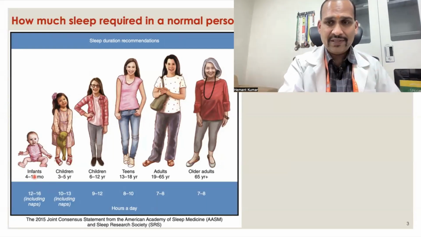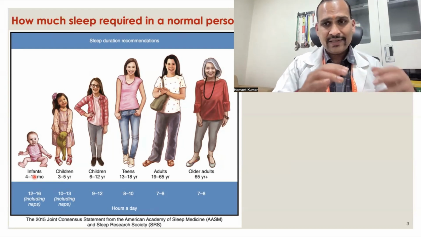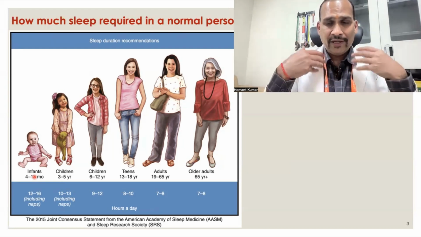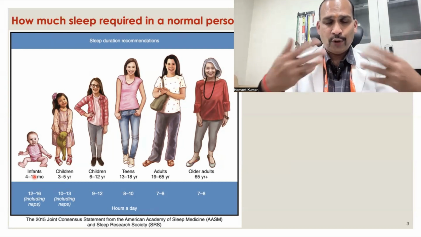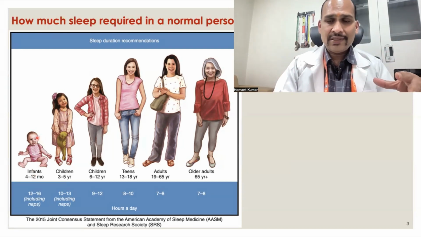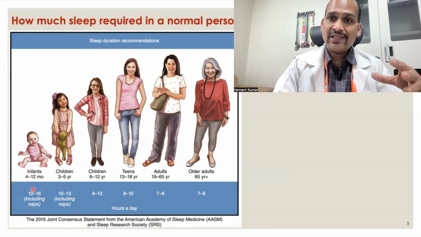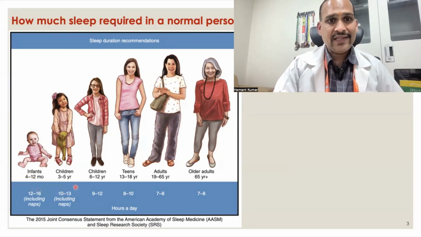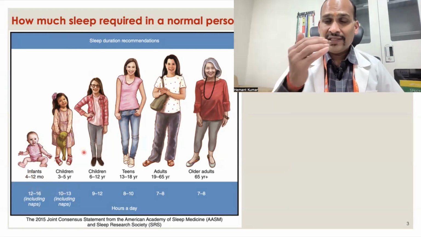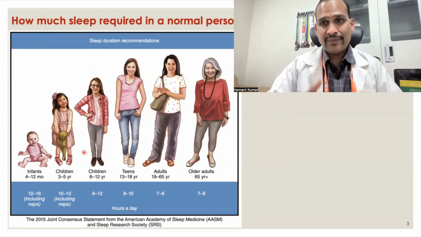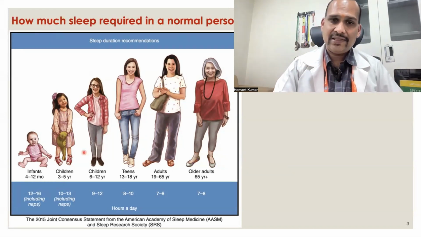When a baby is newborn, he or she wakes up for feeding or for urine and stool, otherwise he or she is sleeping. So she used to sleep around 16 to 18 hours. As age progresses, sleep requirement becomes lesser and lesser.